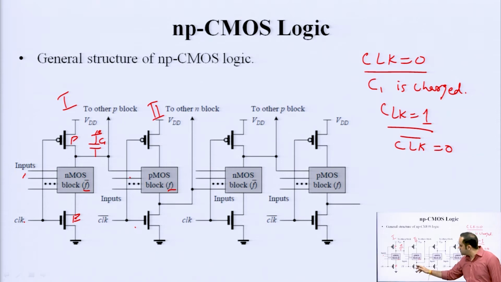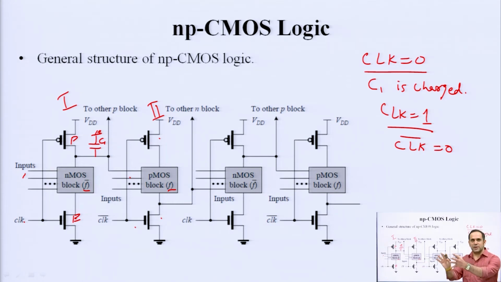So, this NMOS is now off, and this PMOS is now on. Because this is on, there is a path here to VDD, whatever output is coming here and here, and this being off, there is no evaluation here.